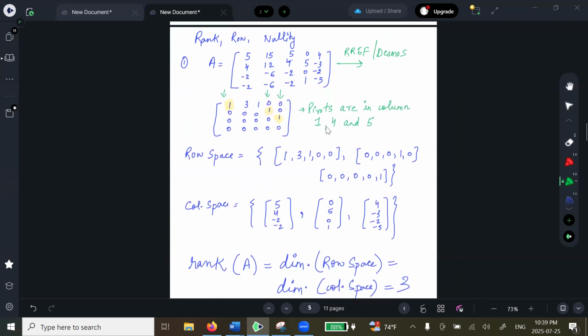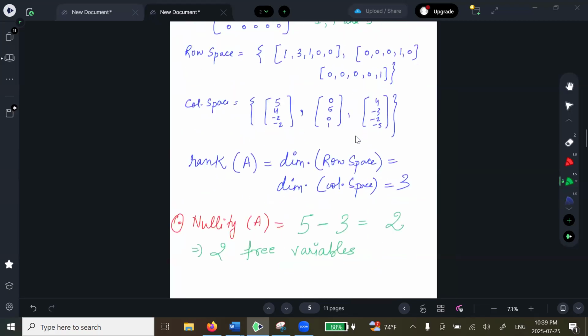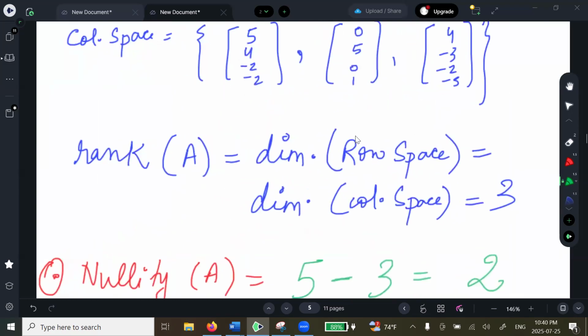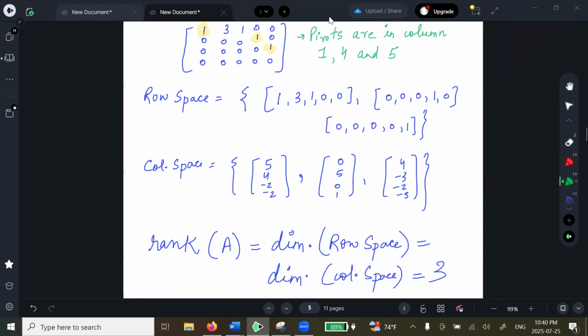So the free variables are x2 and x3. That's also an important point that I should make here. Columns in RREF with pivots are not free.